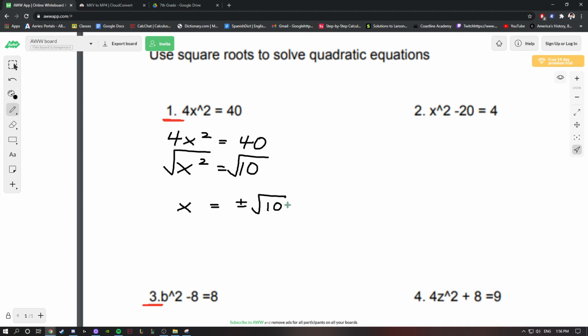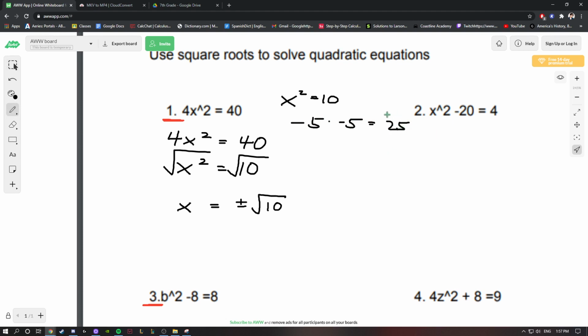If you're wondering why it's plus or minus, it's because what x squared equals 10 essentially means is what number times itself is equal to 10, right? And if you've noticed, positive numbers times themselves will equal positive numbers, and also negative numbers times themselves will equal positive numbers. For example, negative 5 times negative 5 is a positive 25.